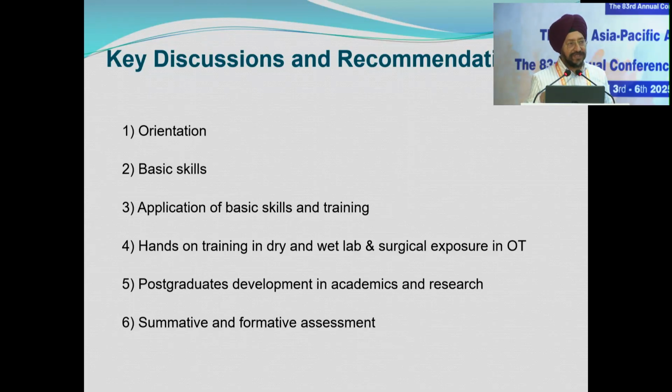One of the aspects brought up in the first talk by Dr. Tyal was that orientation has to be 3 to 6 months. In this, you make the student orientate with the department and teach the basic skills, and basic skills have to be taught by the good senior faculty. I think the basic skills are most important. What happens is we leave it to the junior faculty.